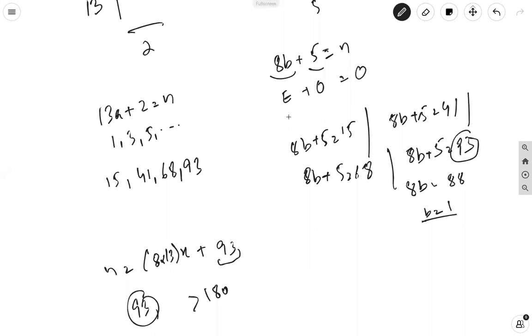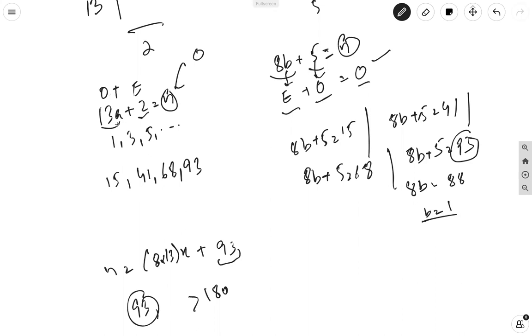Okay, see. This thing is odd, 5 is odd. And here 8b is even. I got it. After this, what did you do? Okay, this is n, this is n. So this one also has to be odd. When can we get this n as odd? Because this is even and this has to be odd so that the result is odd.